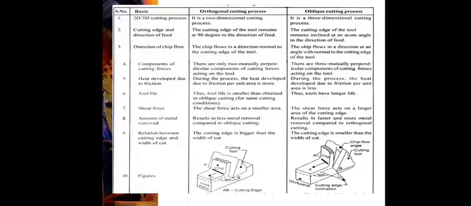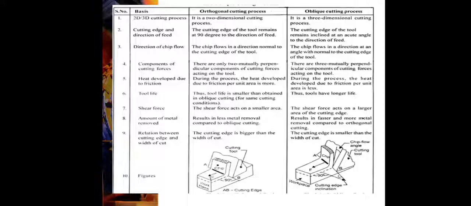As for the cutting edge and direction of feed, in orthogonal the tool remains at 90 degrees to the direction of feed, while in oblique, the cutting tool remains inclined at an acute angle to the direction of feed, or less than 90 degrees.